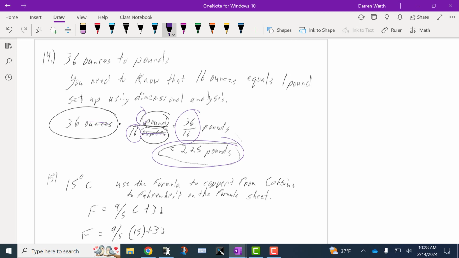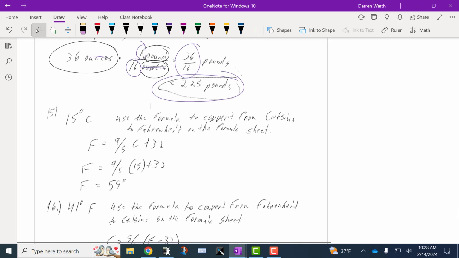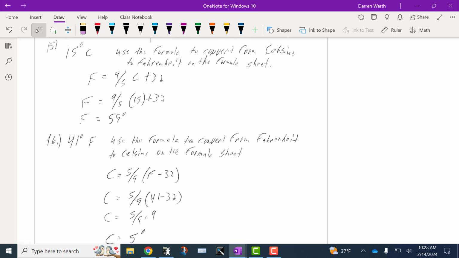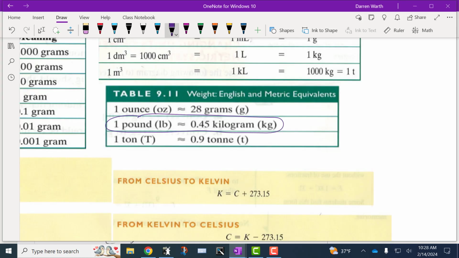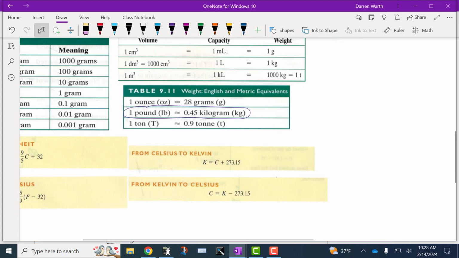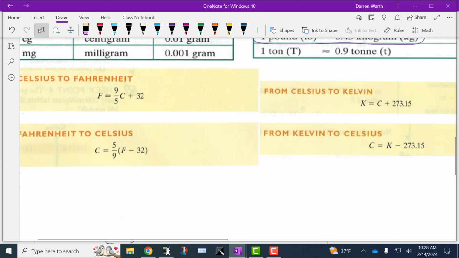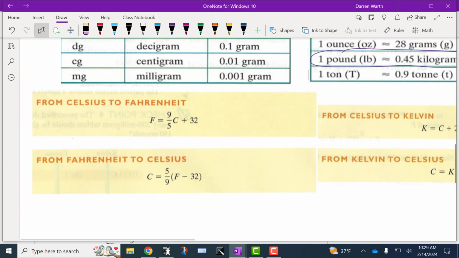Okay, then number 15 says convert the given Celsius temperature to Fahrenheit. You're just going to use the formula to convert from Celsius to Fahrenheit on the formula sheet. When you look at your formula sheet, you'll notice it has the formulas for Celsius to Fahrenheit and from Fahrenheit to Celsius.